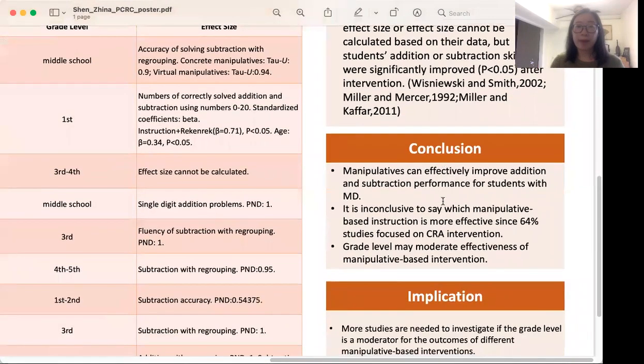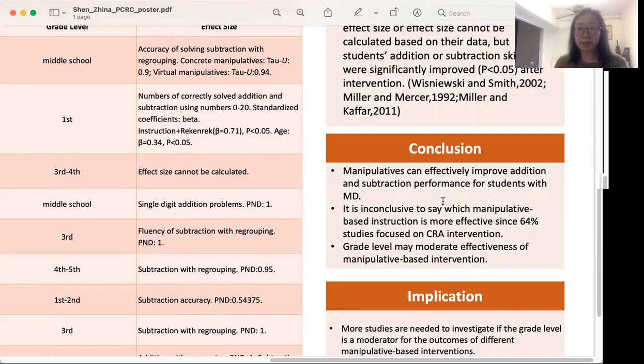Now, my conclusion. Based on my synthesis, I found that manipulatives can effectively improve addition and subtraction performance for students with mathematical difficulties, based on the effect sizes I just presented.